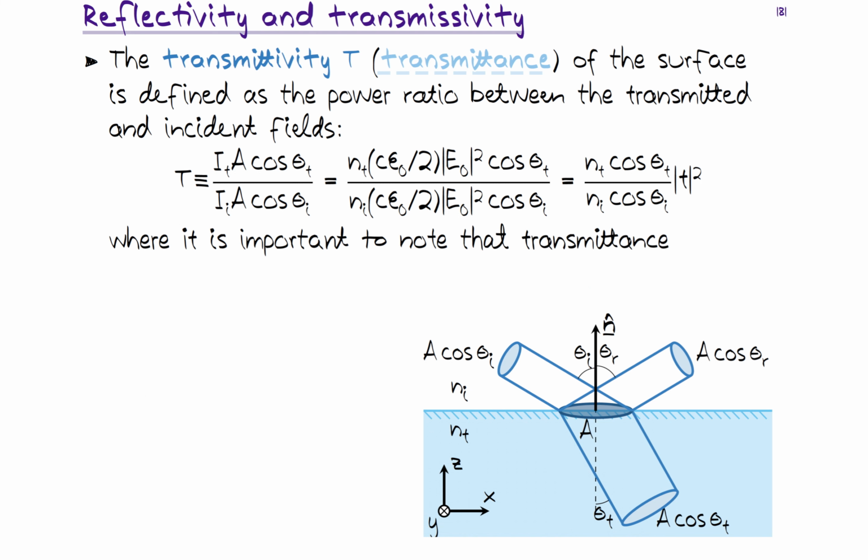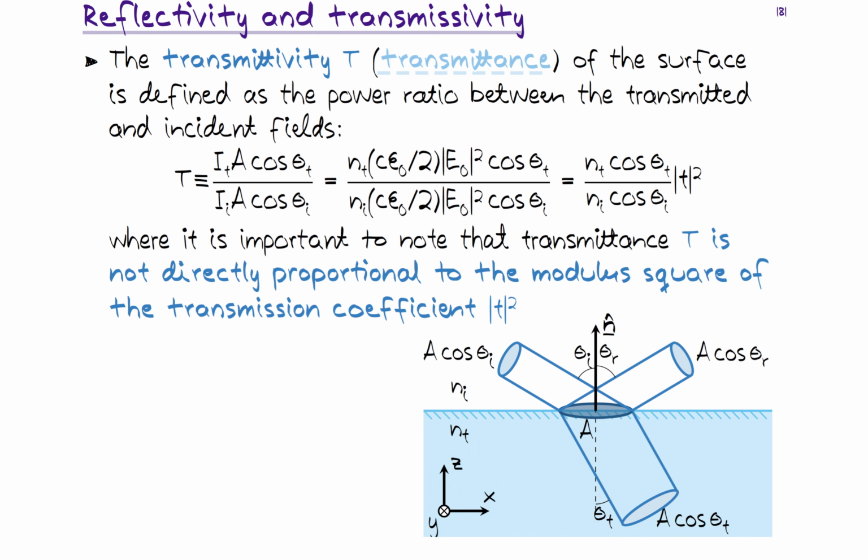And here it's really important to note that the T here is not just directly proportional to the modulus square of the transmission coefficient, t squared. So this is actually something to note and remember. And this only arises from the fact that we have two optically different materials with different refractive indices.